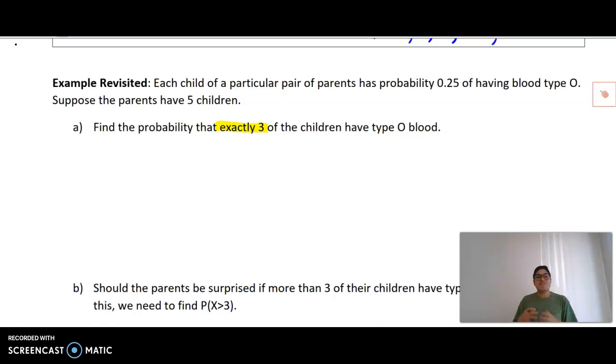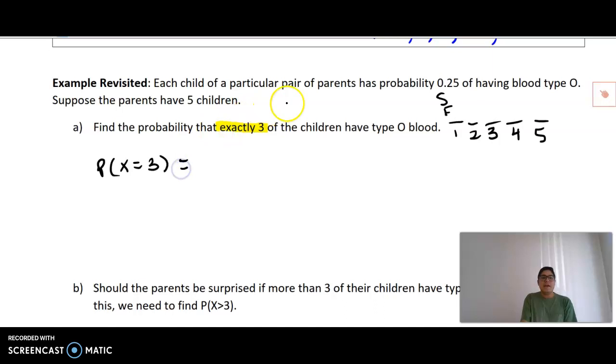But now with discrete random variables, I can actually find the probability that x is a specific number. Because again, I have child 1, child 2, child 3, child 4, and child 5. And then within each of these, I have a success or failure for all 5 children. Okay, so n is 5. We got to define our parameters. So x is going to be binomial, where n is 5 and p is 0.25.